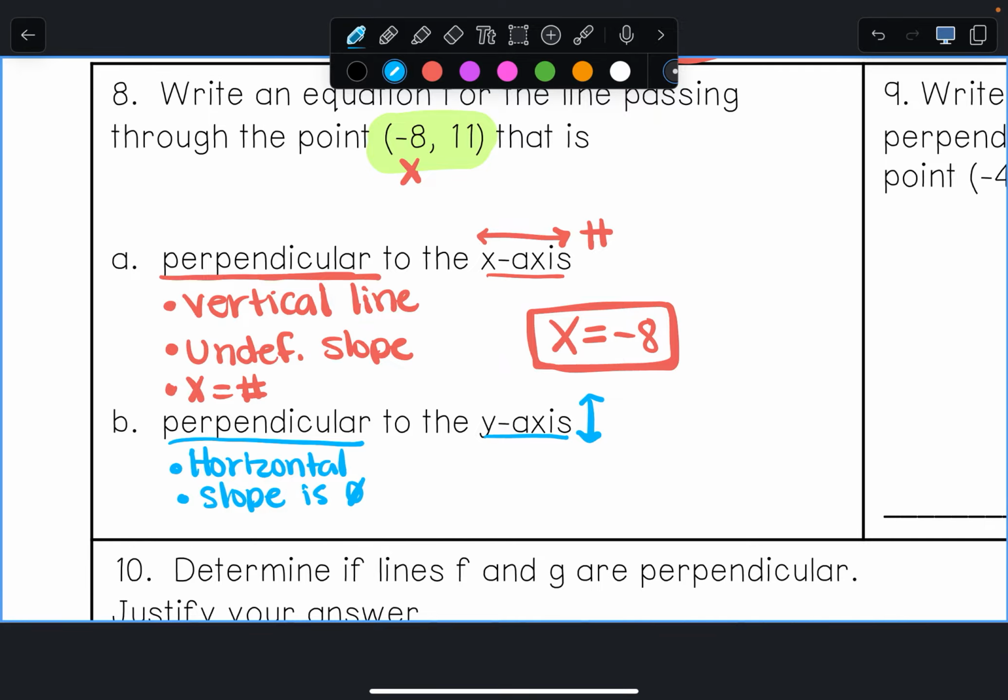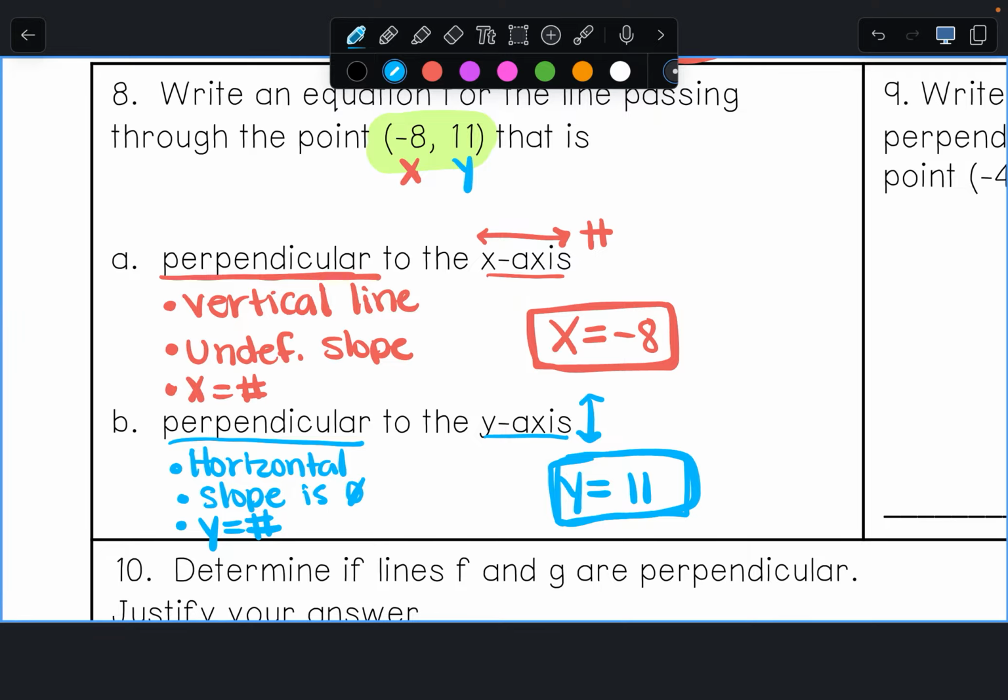And the y would equal a number. The equation is y is equal to a number. So I know my equation is y is equal to something, but y is equal to which one of those numbers in that point? 11. Yep. Always use your Hooyvux. It helps you a lot more than you think.